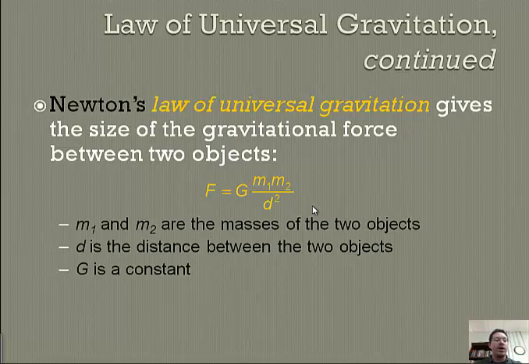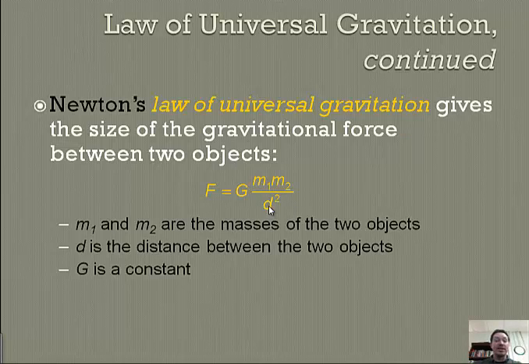M1 would be one object, M2 would be a second object. And then how much distance. So not only do we have the mass of those two objects attracted to each other, but what's the distance between them? So D is the distance between those two objects. And if you notice, the distance is squared. If we square a number, that makes D get bigger faster.